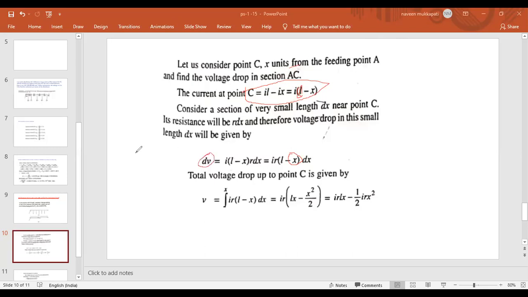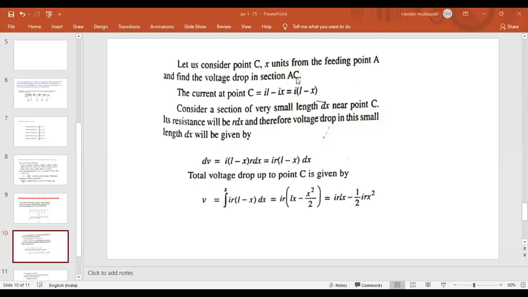Normally voltage V is equal to the current into resistance. V is equal to I into R. Therefore, what is that current?